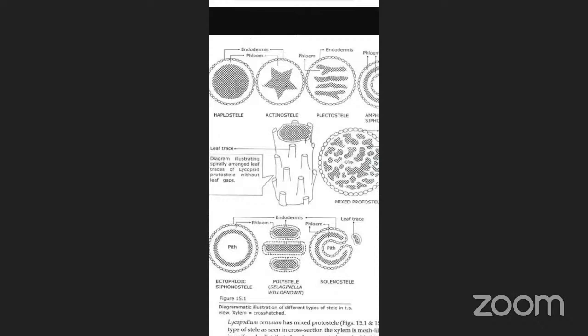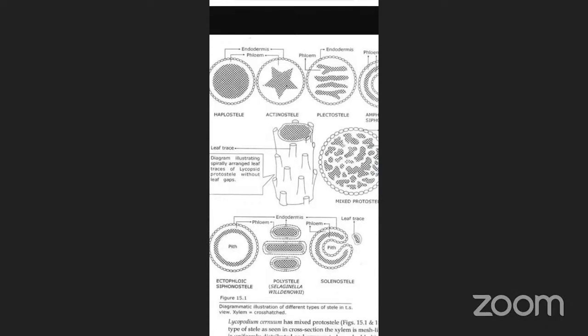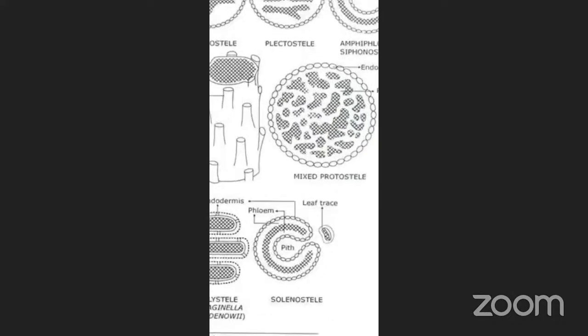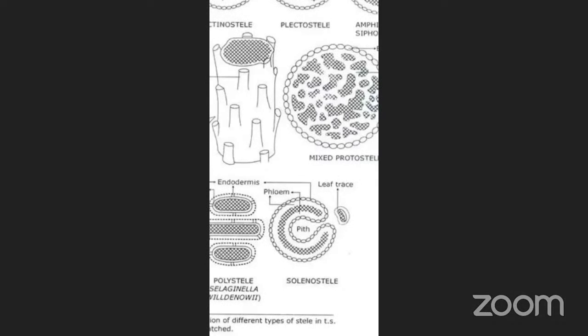The leaf trace and the leaf gap are present, so there is no overlapping of each other. This one is the solenostele. The solenostele may be either ectophloic or amphiphloic.